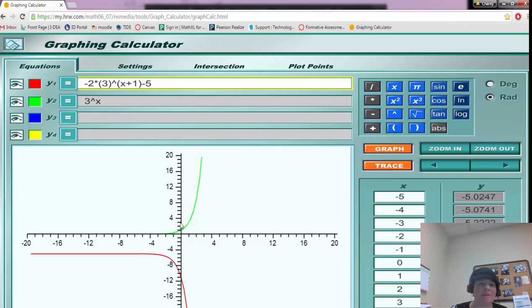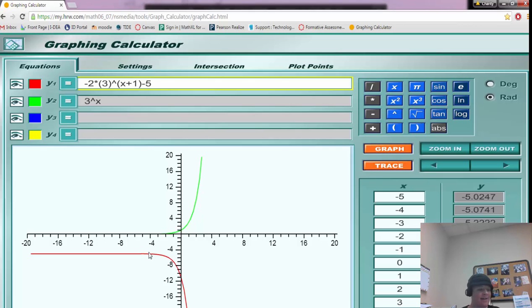And then the plus 1 is going to move you 1 this way. Okay, so you can kind of see that. I think it's easier to see it in the numbers than it is to see just looking at the graph and seeing what the changes are. But this is the main idea that you need to get from this section.